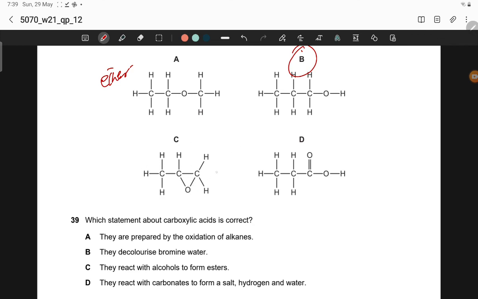This is also an ether, an epoxy compound, and this is a carboxylic acid. So B must be correct.